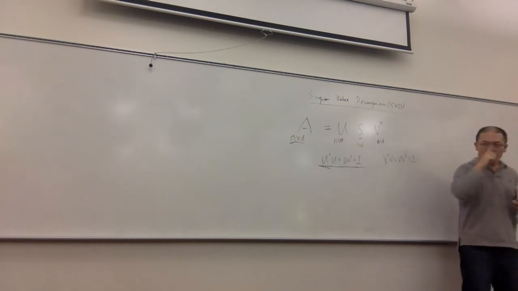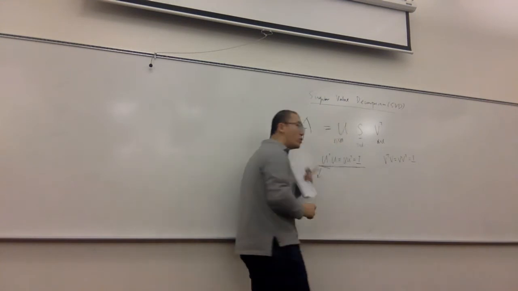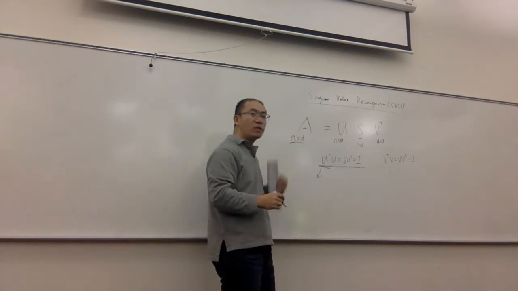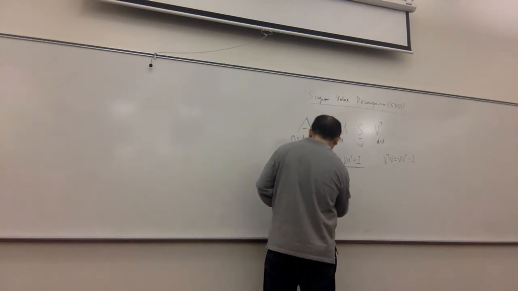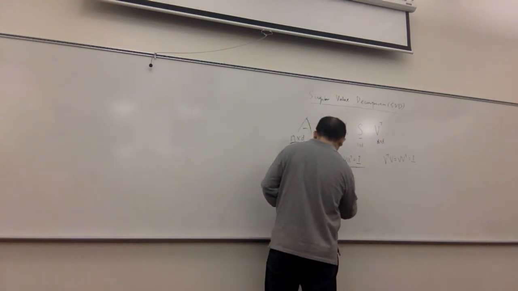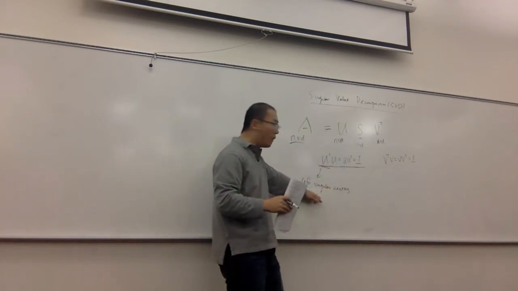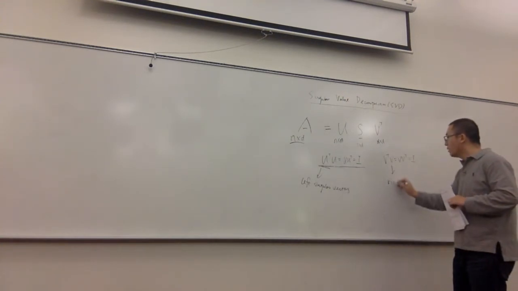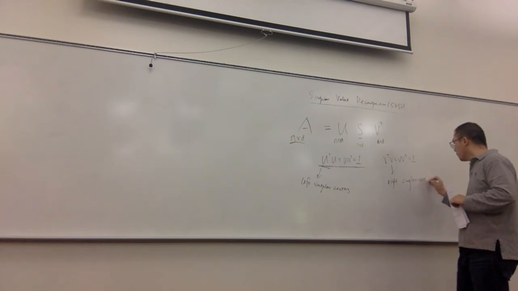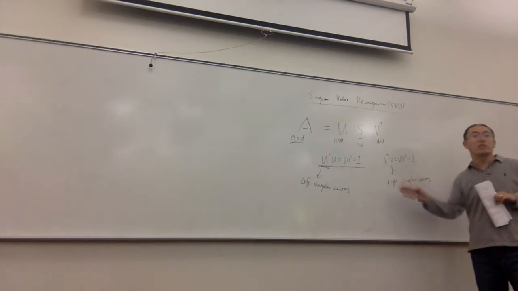Similarly, the columns of V are also orthogonal to each other, meaning their inner products are 0. We call the columns of U the left singular vectors, and the columns of V the right singular vectors. This is just some definition.